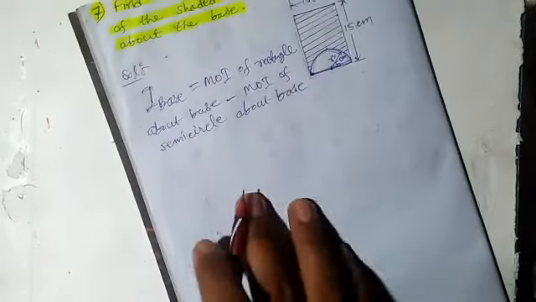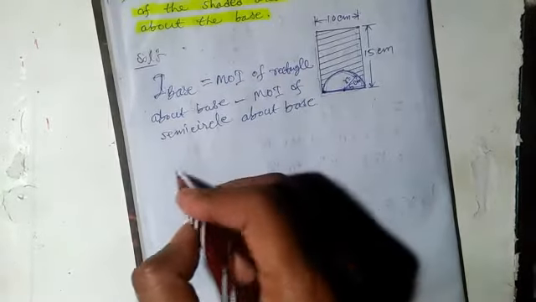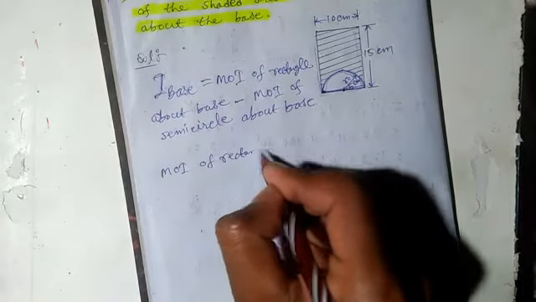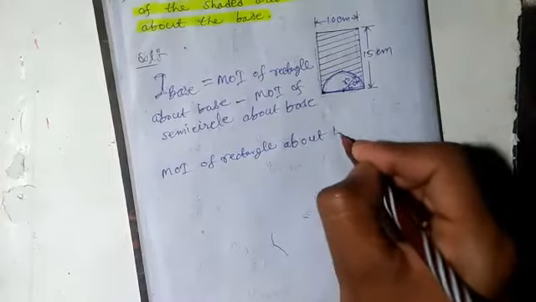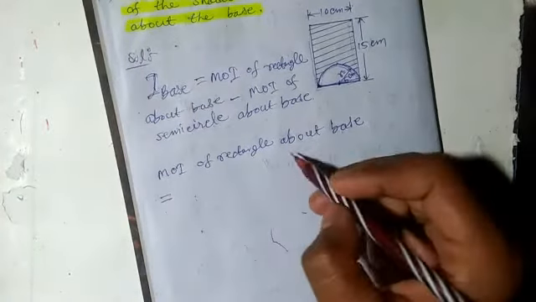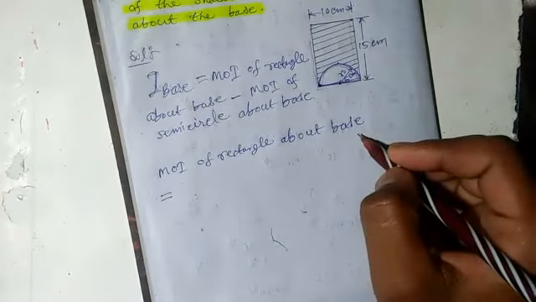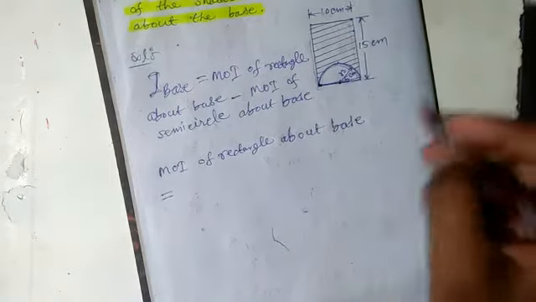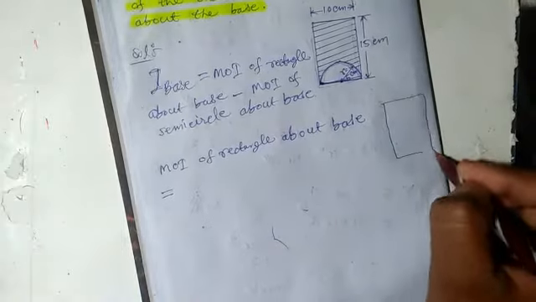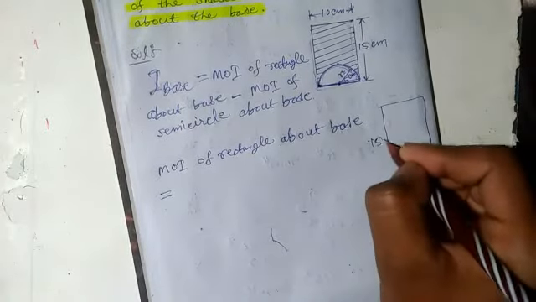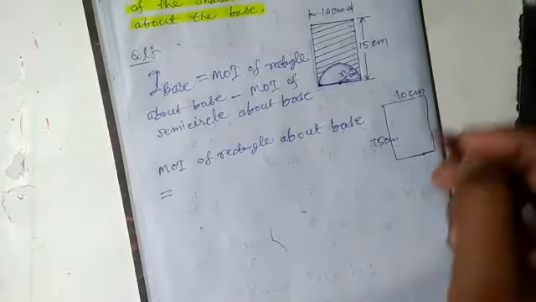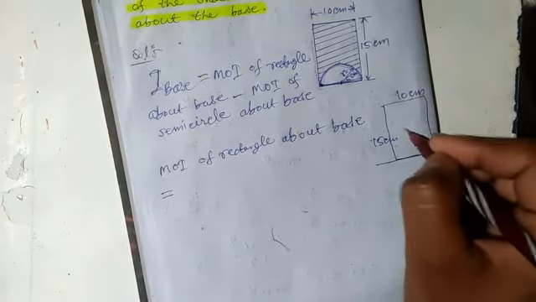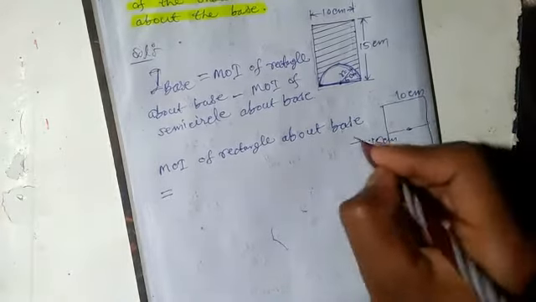So first we calculate the moment of inertia of the rectangle about the base. Let's draw only the rectangle portion. This is 15 cm, that is 10 cm. We need to determine the moment of inertia about the base, and this is the center of the rectangle and this is the x-axis.